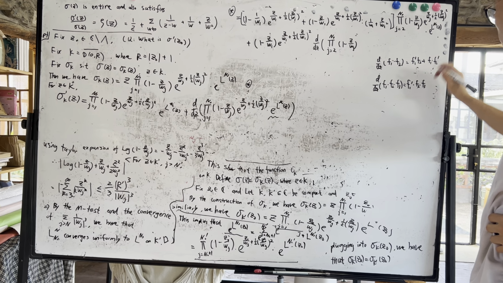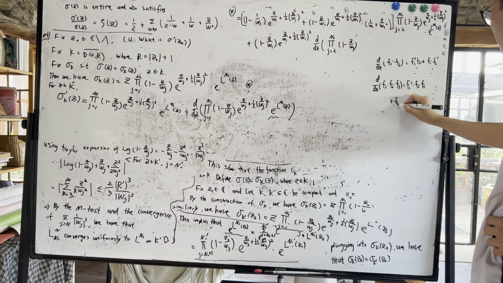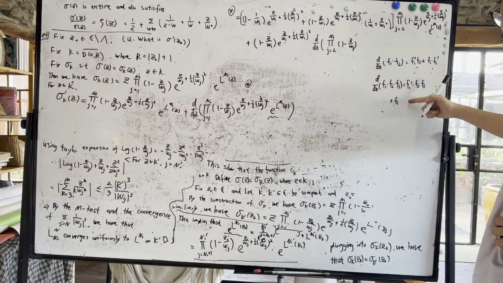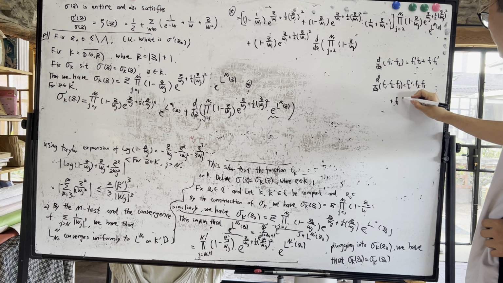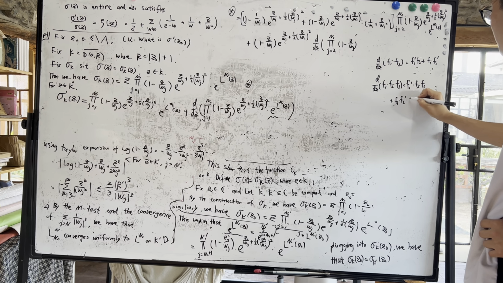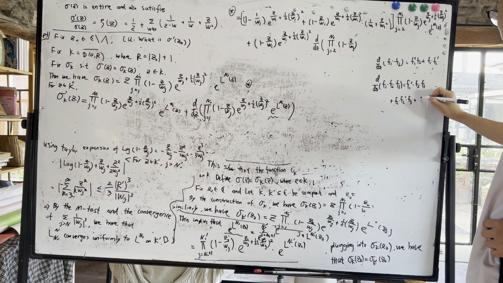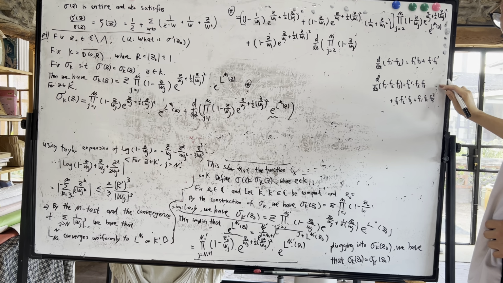Take the derivative of the first one, keep the rest the same, and then plus keep f1 and take the derivative of the rest, which I think is f2 prime times f3 plus f1 times f2 times f3 prime, right?